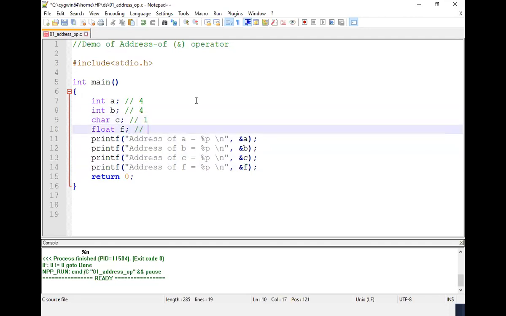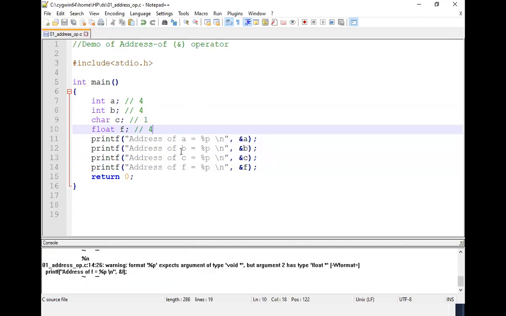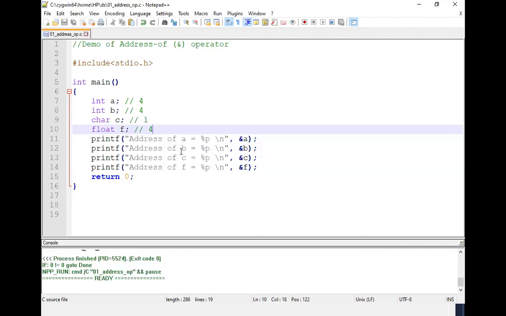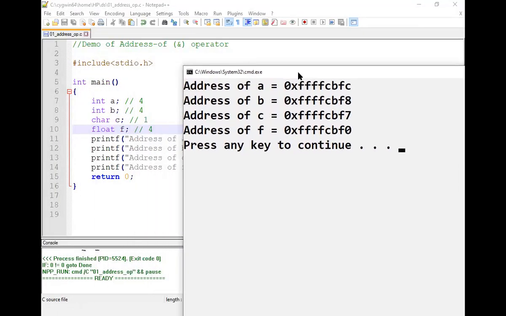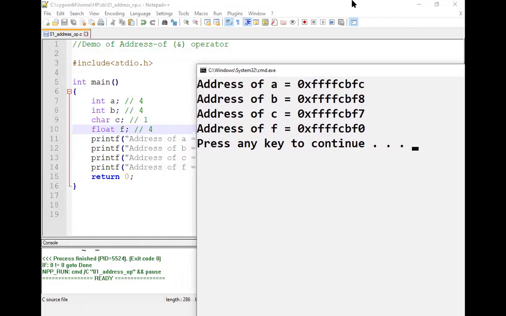Float, that is F? 4 bytes, right? Now let us compile and execute the program. Now we got this answer. Address of A is FC, address of B is F8, address of C is F7, and address of F is F0.